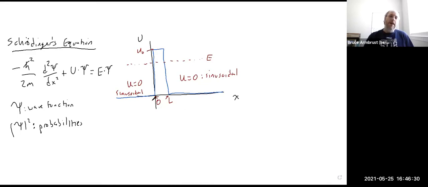So what that would look like would be something like this. This green is going to be psi. So you're going to get some sort of a sinusoidal thing here. Yeah, that'll work. And then in here we get exponential.